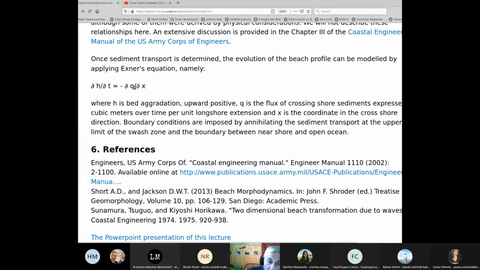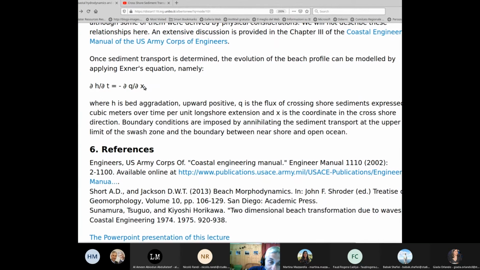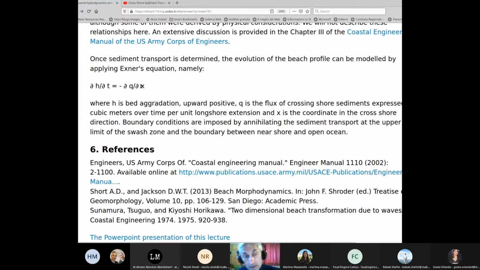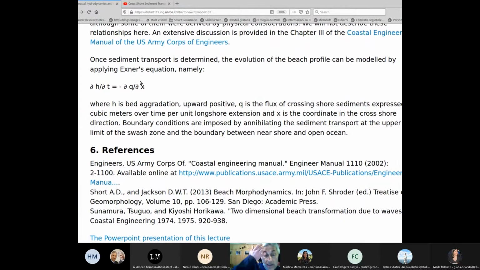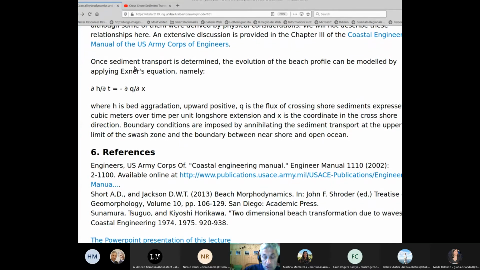So if you estimate the volumetric flux of sediments in the cross-shore direction, and you make the derivative of this flux with respect to the cross-shore direction, let's suppose that x is positive landward, if you have a decrease of flux of sediment in the cross-shore direction, it means that you have a deposition of sediments as you move in the same direction.